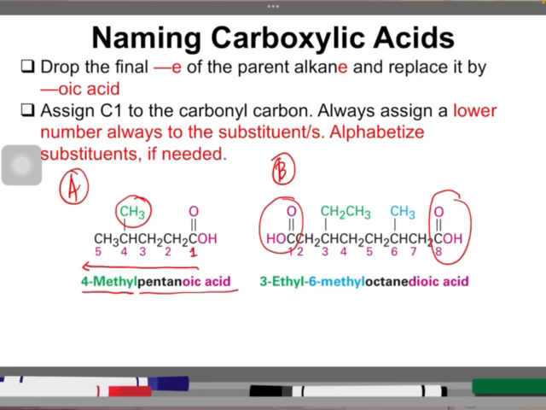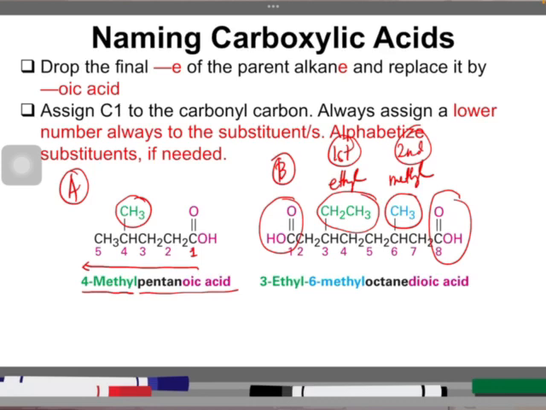Ngayon, meron tayong dalawang substituent. The one in the green is called your ethyl. And then, the blue one is called your methyl. So, ang gagawin muna natin dito is to alphabetize the two substituent. Of course, your ethyl will come first, then followed by the methyl. Then, if natatandaan nyo pa yung rule natin na kung same yung numbering direction from left to right, right to left, ay bigyan natin ng mas mababang number yung kung sino na una sa alphabetization.